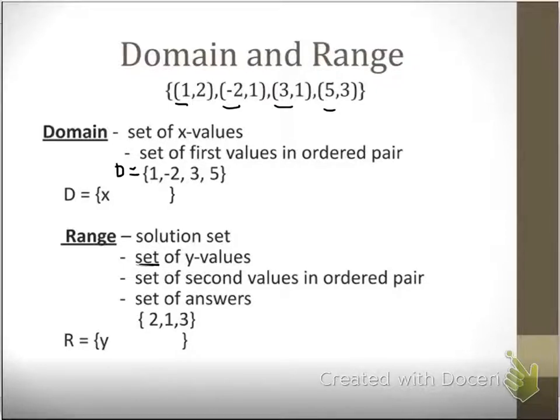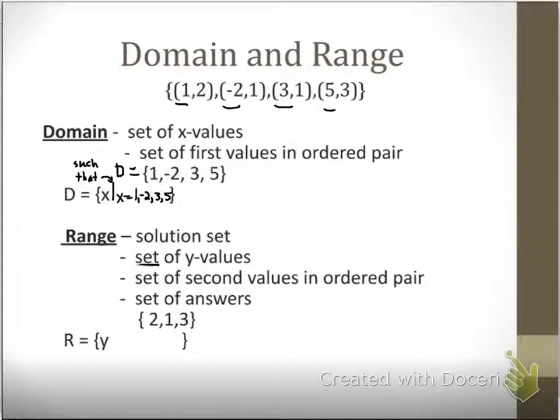Yep. Another way to write domain is right here. This is domain equals the set of all real numbers x, such that, if I've got a vertical bar right there, that just means such that. Set of all real numbers x, such that x equals 1, -2, 3, 5.